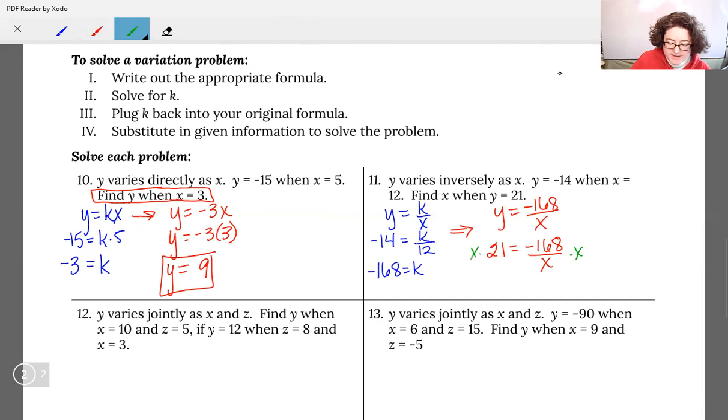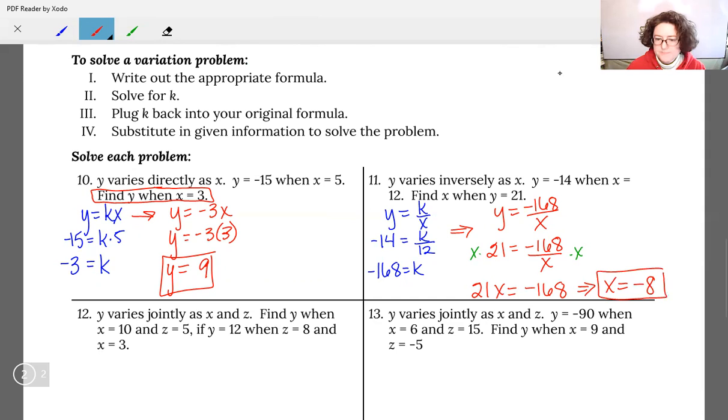Again, doesn't quite get it by itself, but it is going to get us to where we have a straightforward way to solve out for the x. So all we need now is to divide both sides by 21, and that will be our solution for x. So let's see here. So -168 divided by 21 gives me -8.